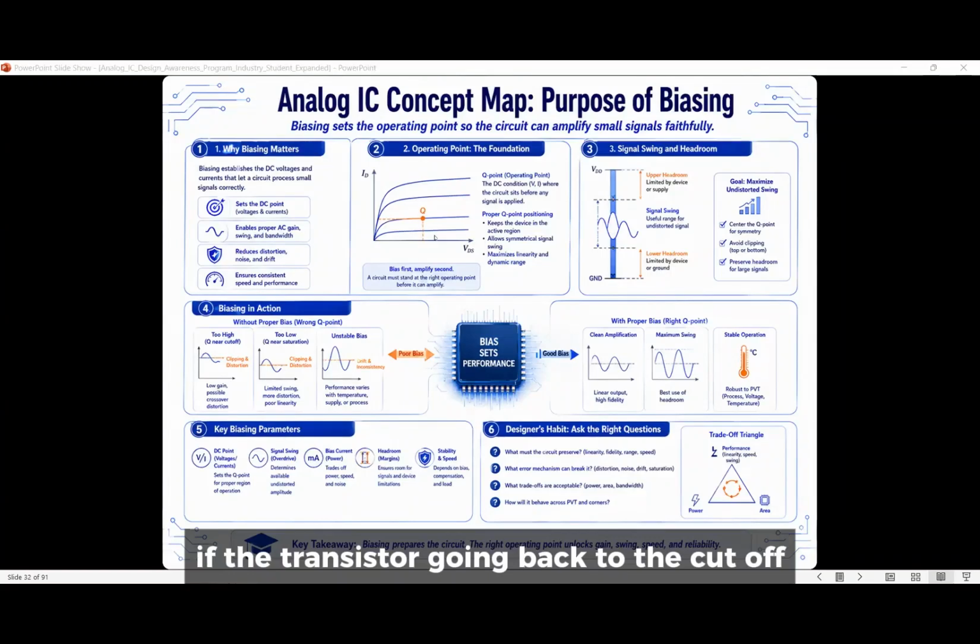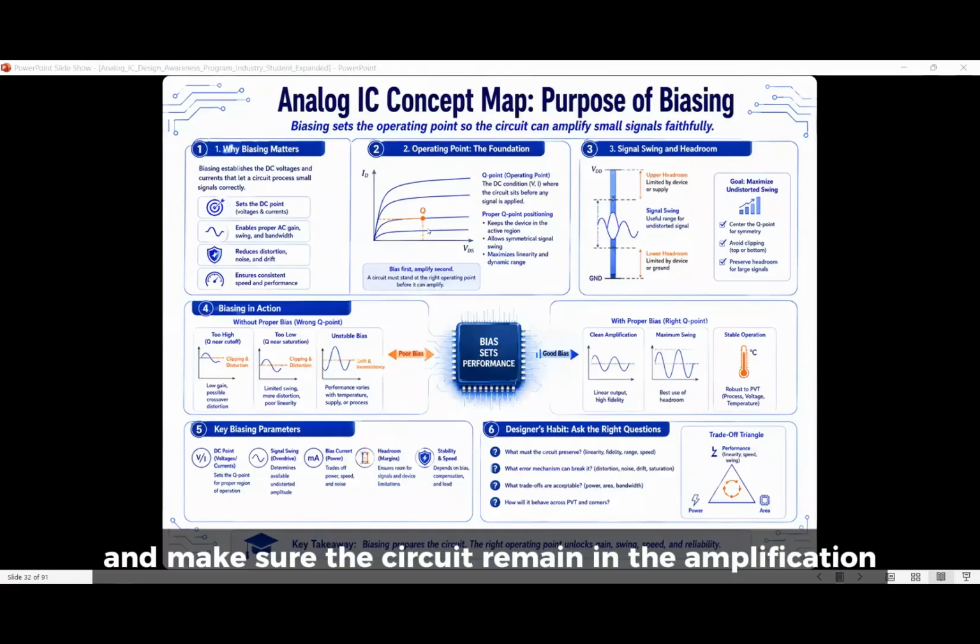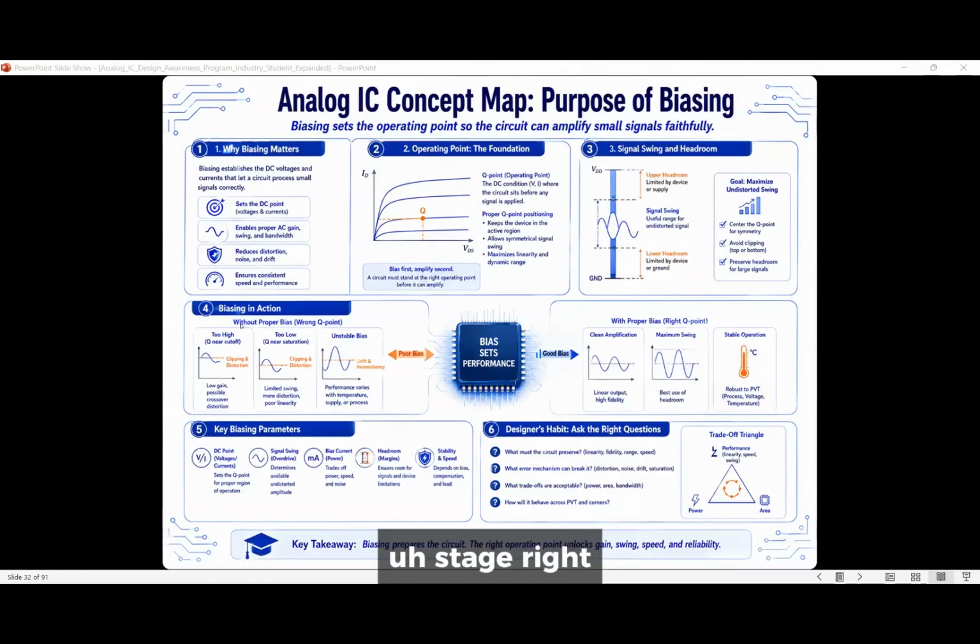Will the transistor go back to the cutoff or linear region, or can it still remain in the saturation region? And if we enter the linear region, what will be our solution to push it back to the saturation region and make sure the circuit remains in the amplification stage?